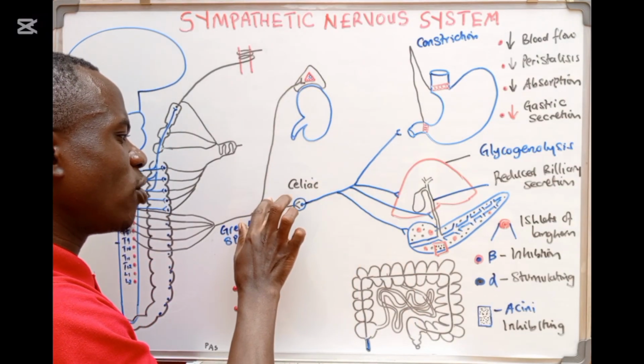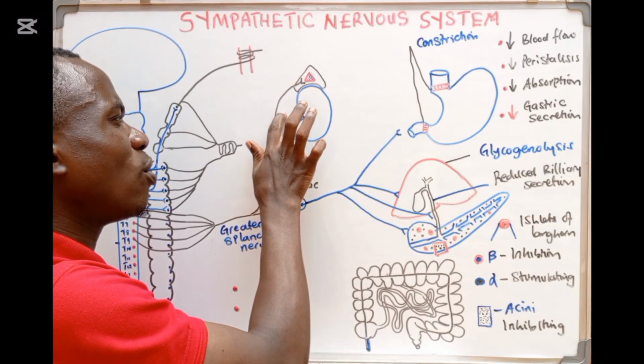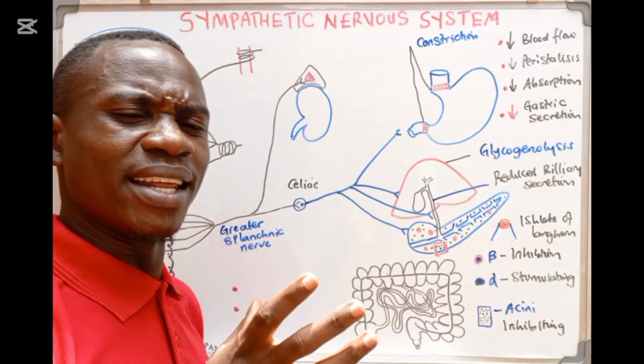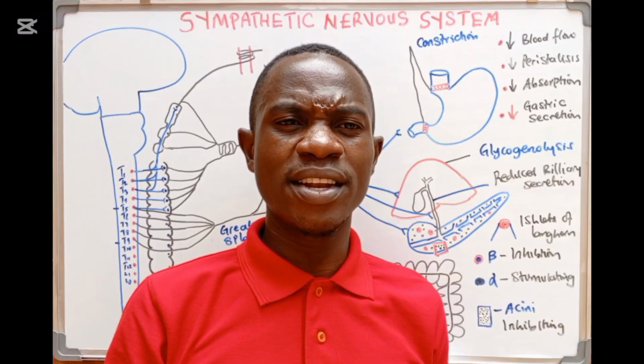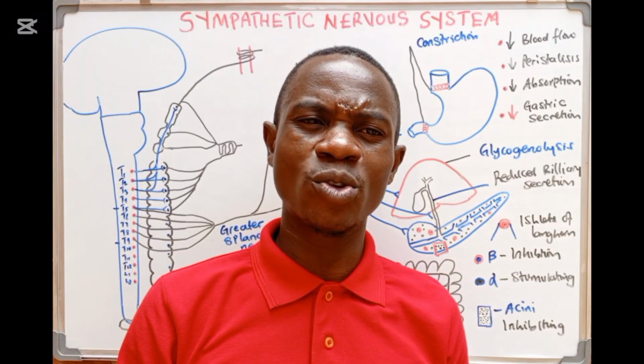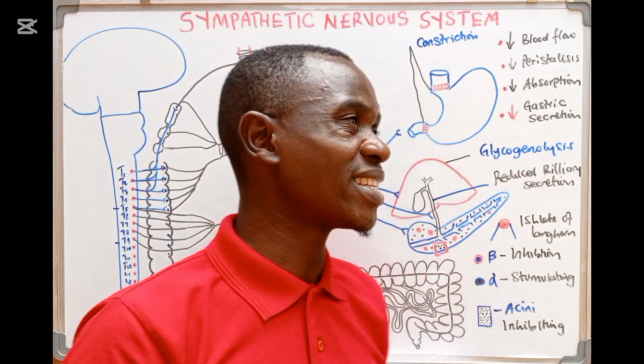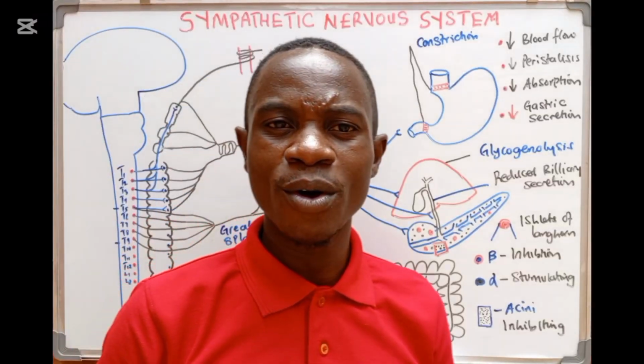Now, these preganglionic motor fibers move along and terminate in the adrenal medulla, primarily on what we call the chromaffin cells. The chromaffin cells are modified postganglionic motor neurons. This is an example of what we call an intramural ganglion.